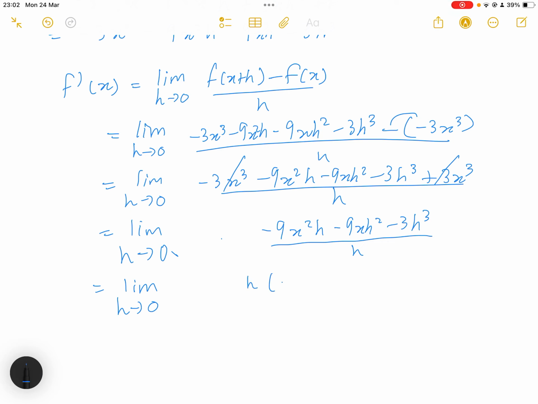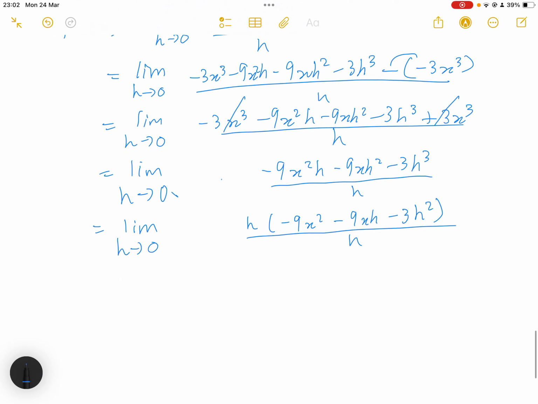So take out the h, and you get negative 9x squared minus 9xh minus 3h squared, all over h. The h's cancel, so you are left with negative 9x squared minus 9xh minus 3h squared.